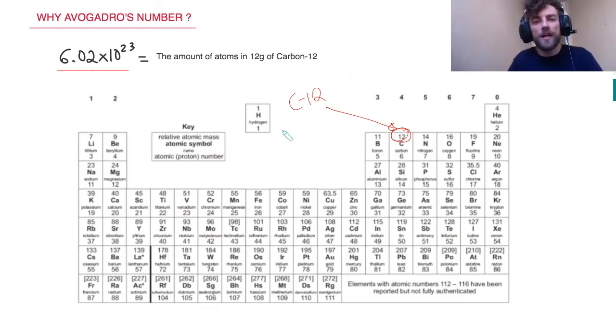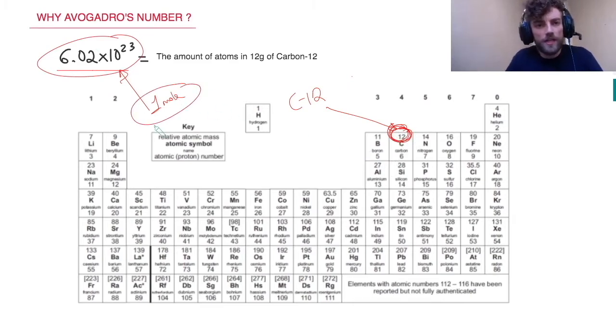And we asked ourselves, how many atoms in 12 grams of this carbon 12? And the answer was this many, Avogadro's number. And so we said, well, let's call this quantity of atoms 1 mole. As such, I know that 12 grams of carbon 12 has this many atoms, and therefore 12 grams of carbon 12, by the definition I've just constructed, is 1 mole.